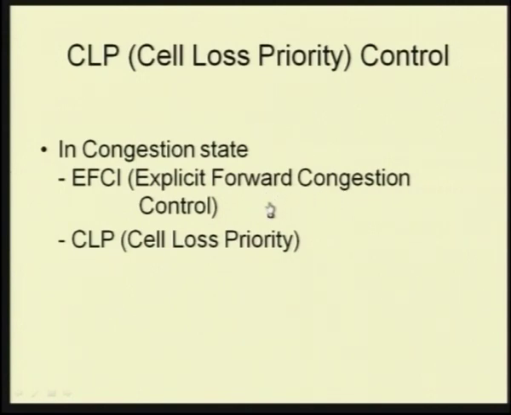When this information reaches the other end, it is an indication to the end users that my traffic is going through switches which are already congested. So, with the help of this EFCI, the end machines can decide to lower the rate at which they are sending data. This is called forward congestion control, that is, it is an explicit congestion indication that is given by the network.